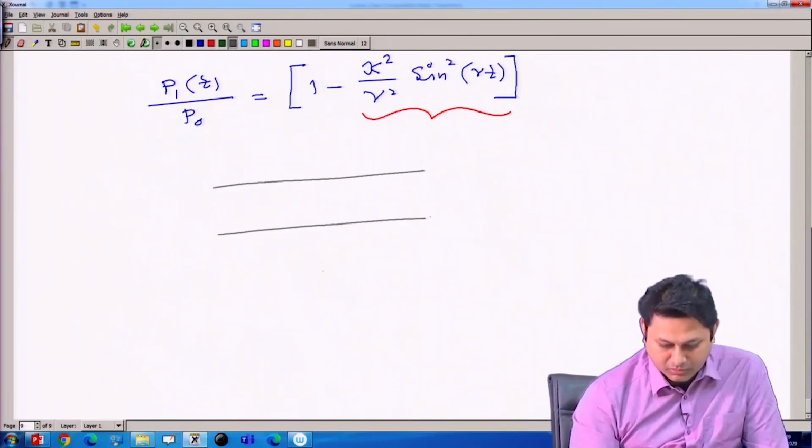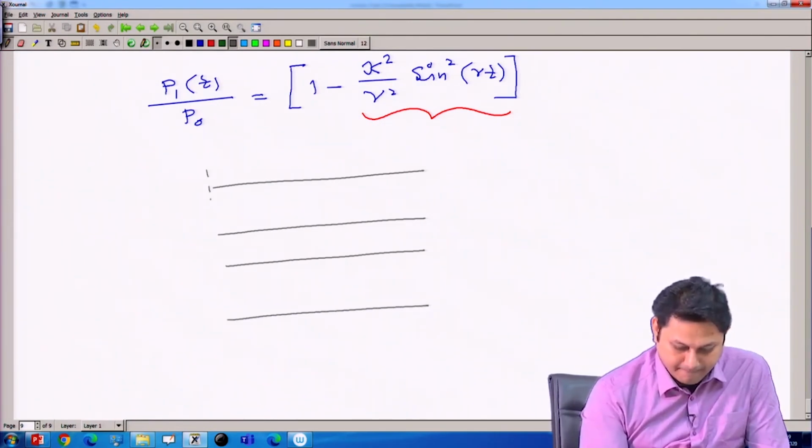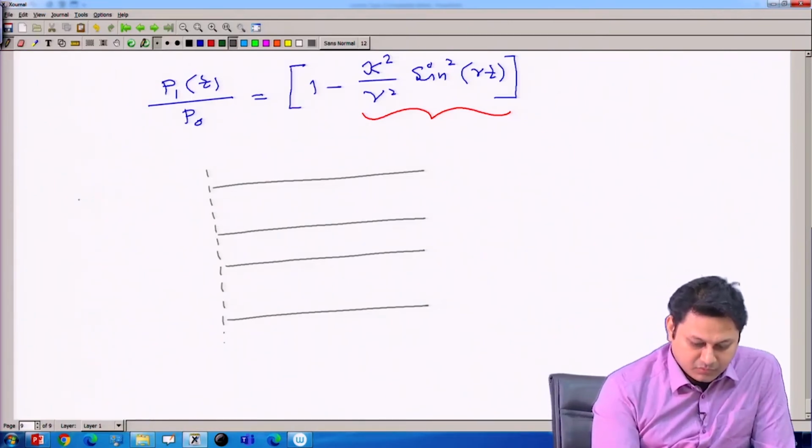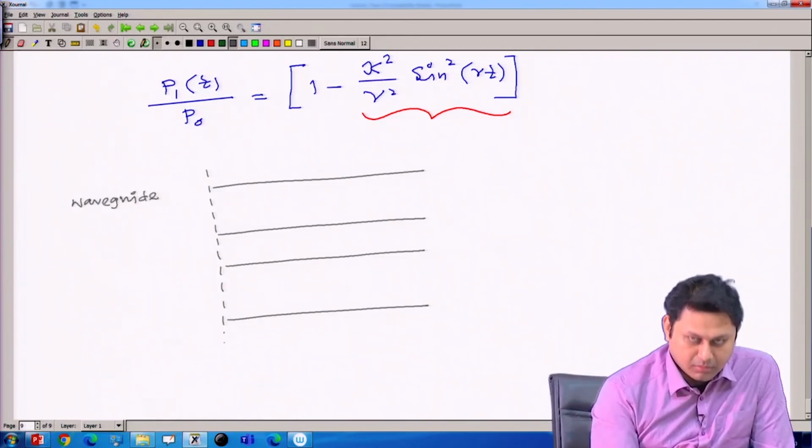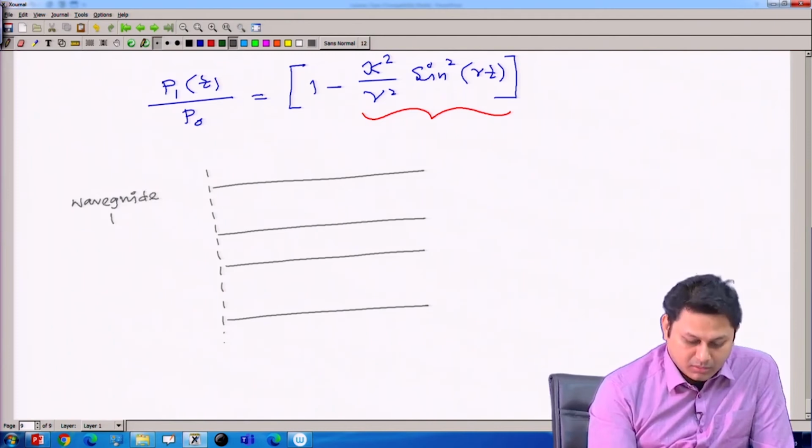This is the waveguide I am having. So, this is waveguide 1 and this is waveguide 2.